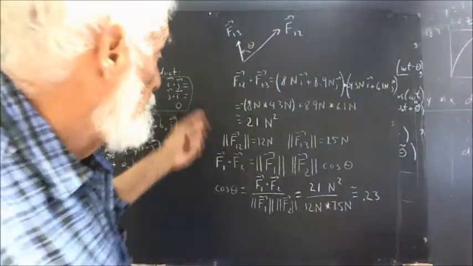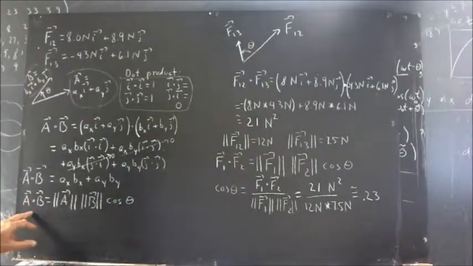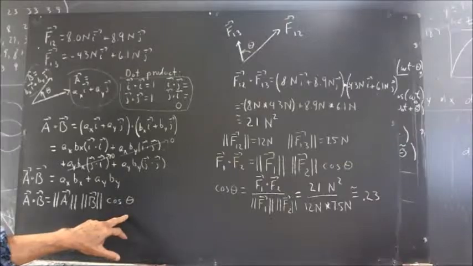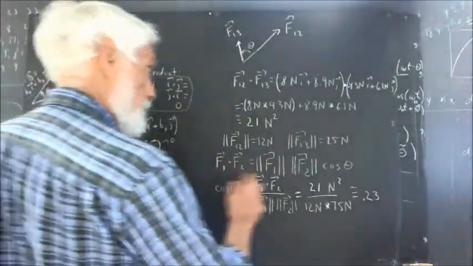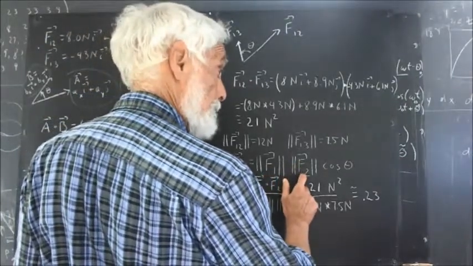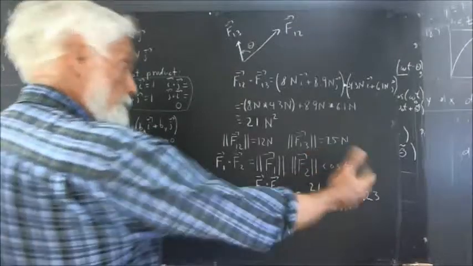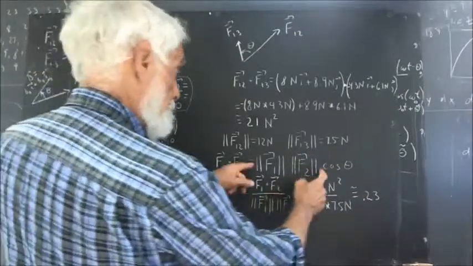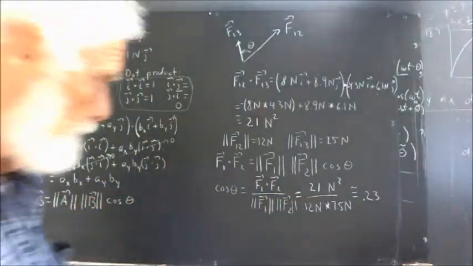Okay, so since the dot product is the product of the magnitudes times the cosine of the angle between them, we're going to be able to calculate this angle because we know the dot product, we know this magnitude, we know this magnitude. It's going to be very easy to solve this equation for cosine theta. Doing so, we get cosine theta is this divided by this, here divided by here. And that doesn't require any explanation.